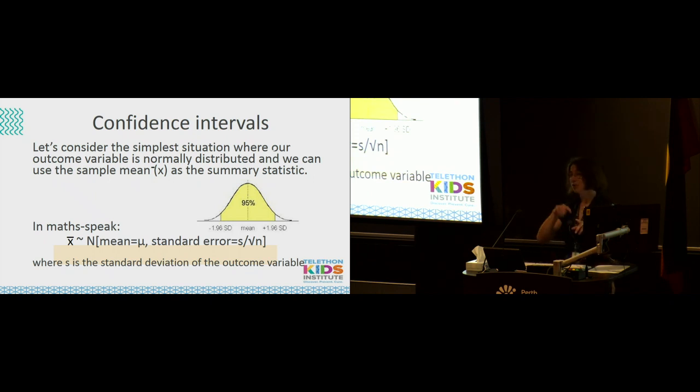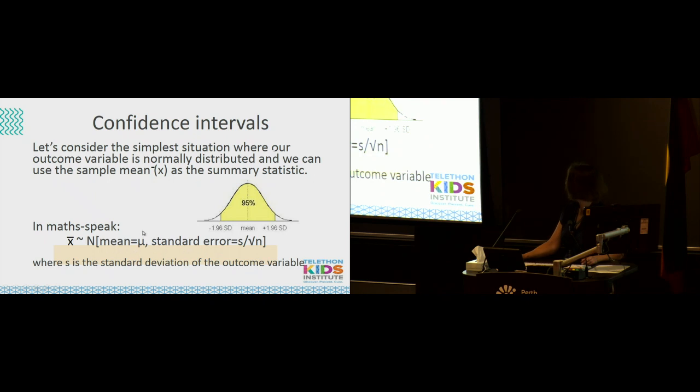And then we could plot what's called a sampling distribution for mean height. And that's what we're looking at when we talk about the variation, so the variation in the sample mean.